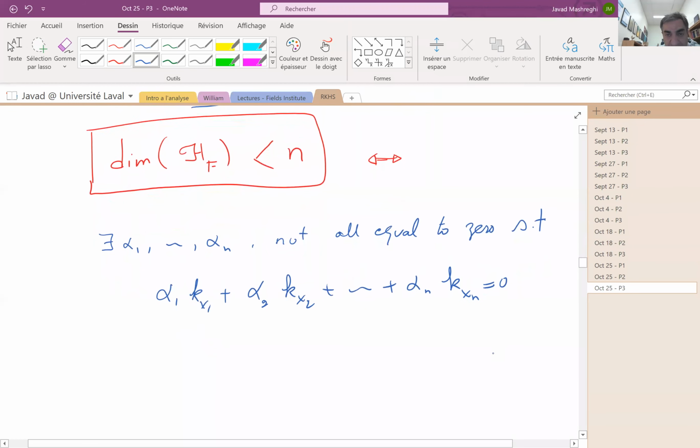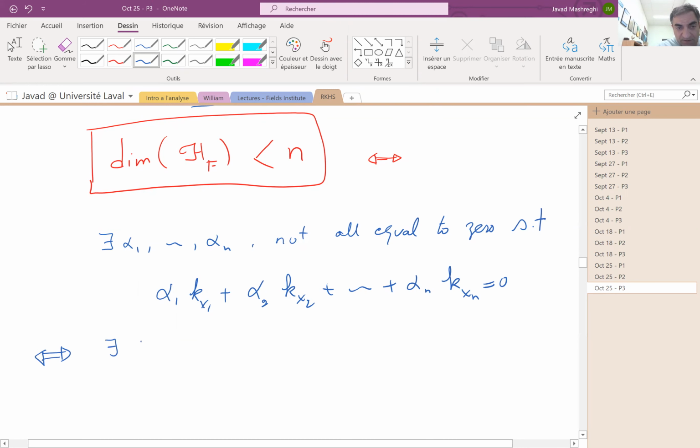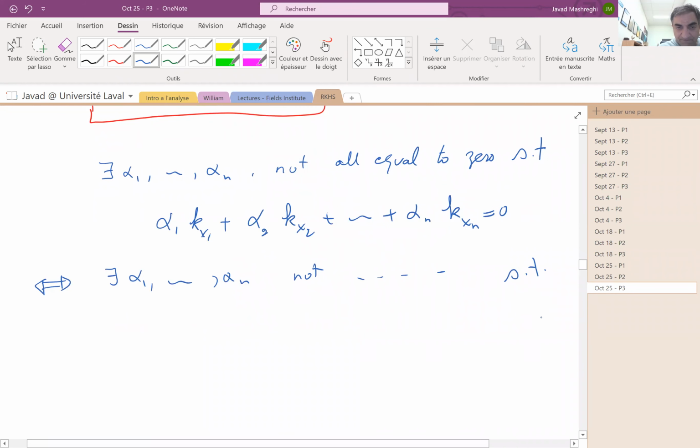And this happens if and only if there are alpha 1 up to alpha n, not all equal to 0, such that for all f in H, the inner product of f with this combination is equal to 0.